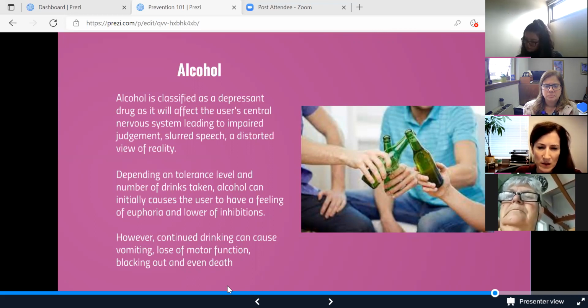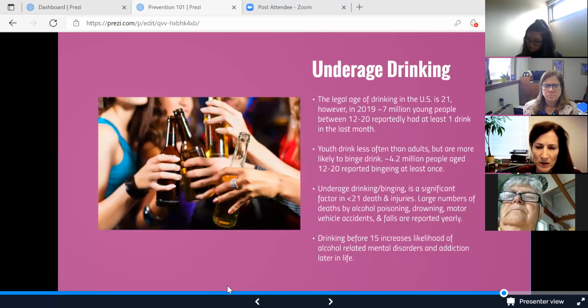So moving forward, I wanted to go over underage drinking. Within the larger United States, the legal drinking age is 21. However, in the year 2019, about 7 million young persons between the ages of 12 and 20 reported that they had had a drink within the last month.